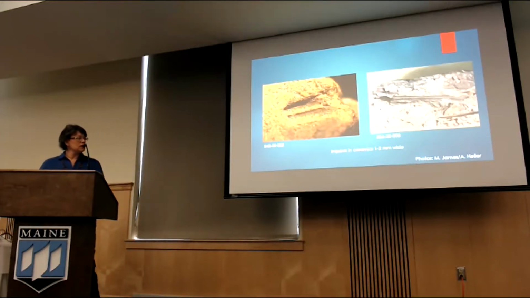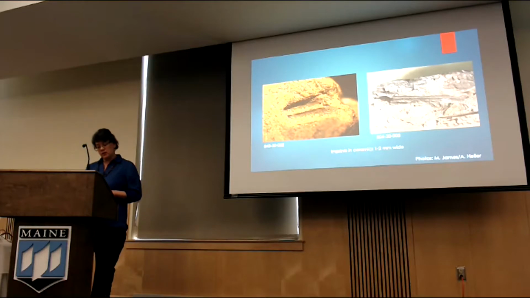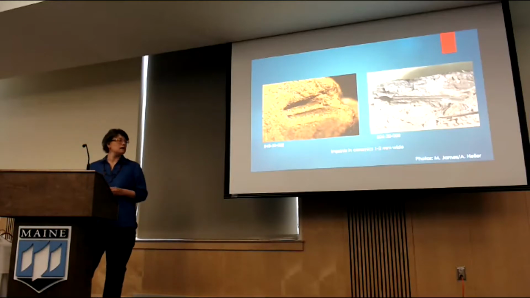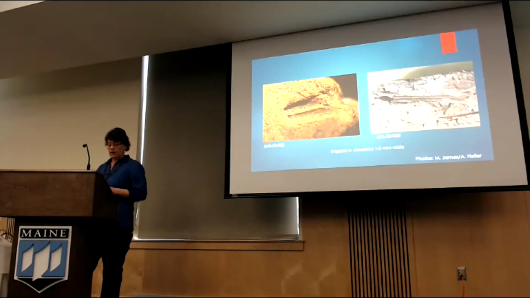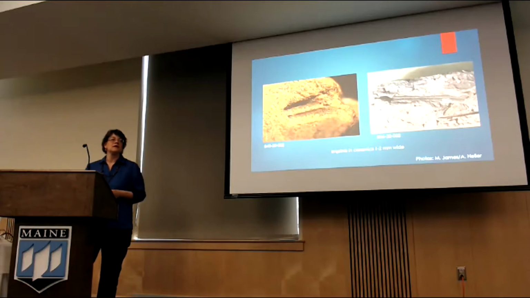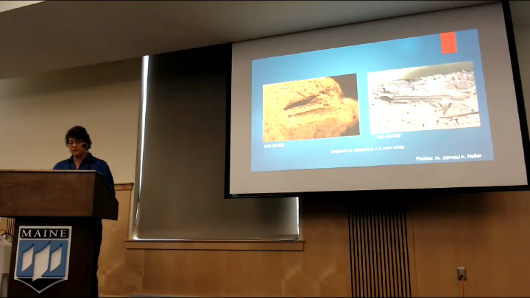Given the occurrence of shell-tempered pottery in ceramics from Maine and the Maritimes, imprints in voids are not uncommon in ceramics. However, the imprints identified by Matt did not exhibit the same characteristics that we see in pots that have been tempered with shell.